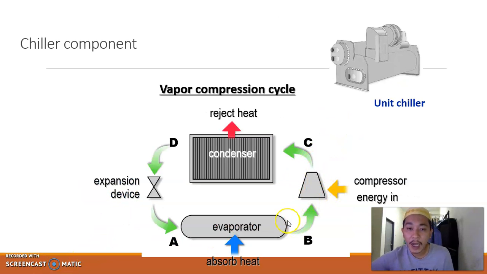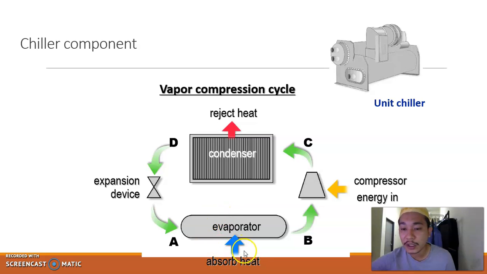So basically, how are they making the chill water? We have four basic components for the air conditioning system: the compressor, the condenser, which is the place where they reject the heat, the expansion device to regulate the pressure of the refrigerant, and the evaporator.